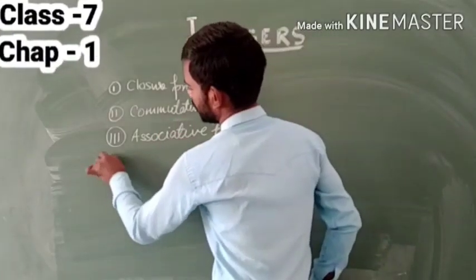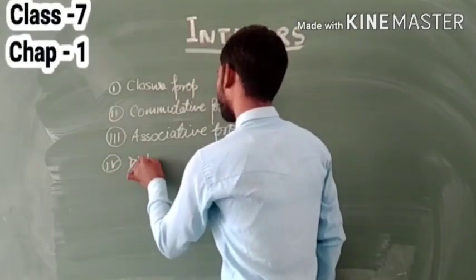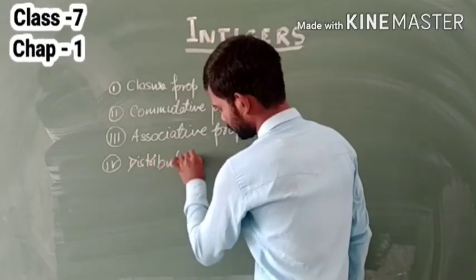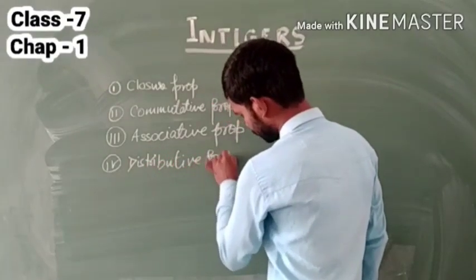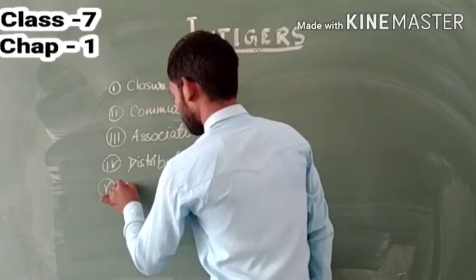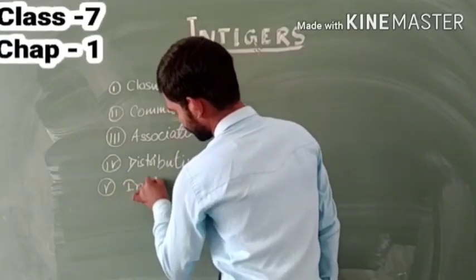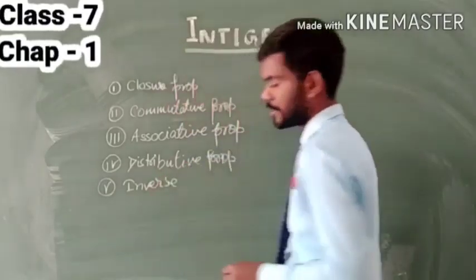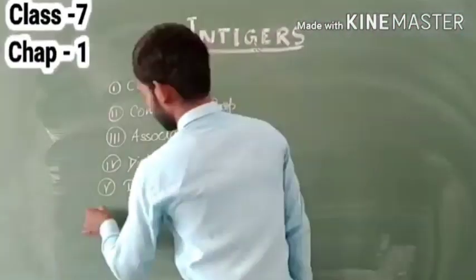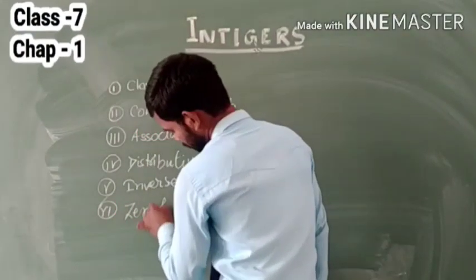The fourth is distributive property. And the fifth is inverse, or sometimes we say multiplicative inverse also. The next is zero property.